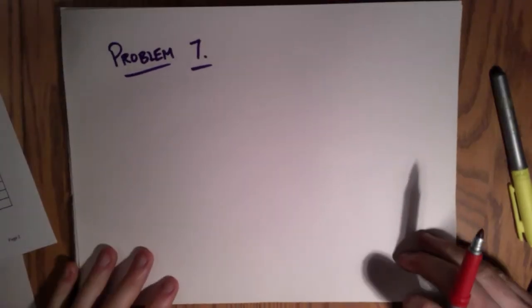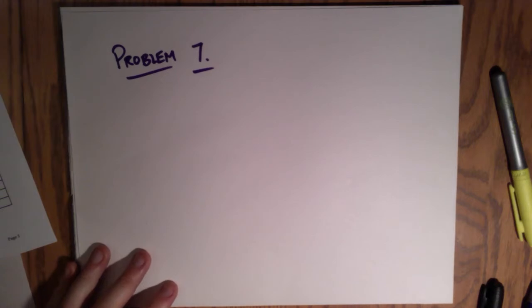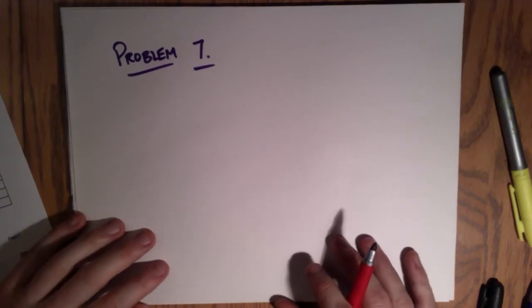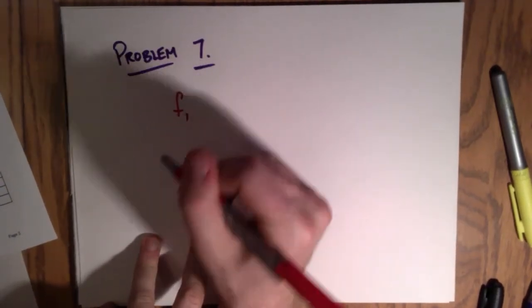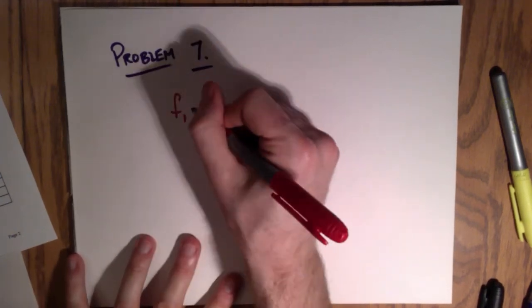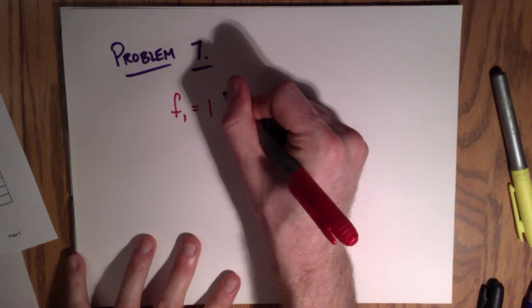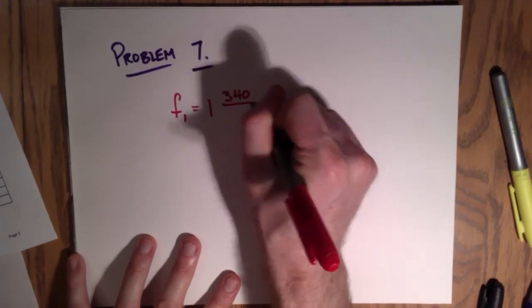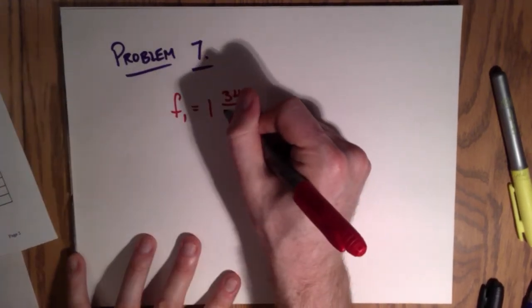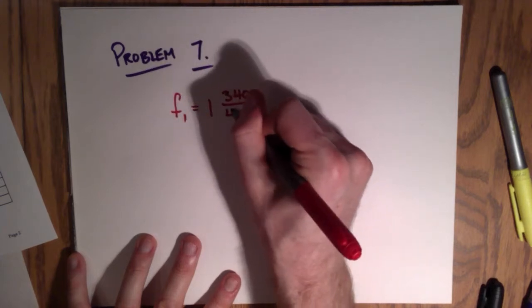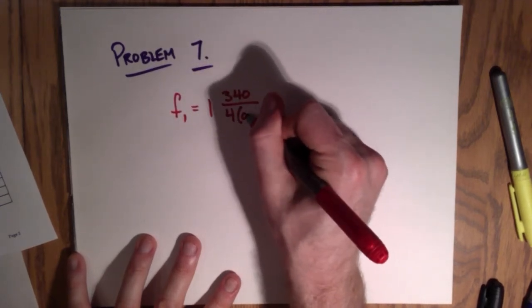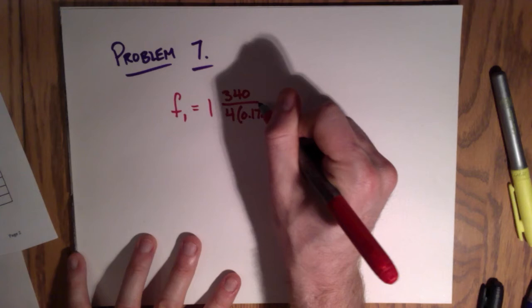For problem 7, you're given a lot of information, but at the core of it, they just want to know what the fundamental frequency is, the first harmonic. Well, we know that F1 is going to be n is 1. We know we're going to have our velocity, which is given to us as 340. We're going to divide that by, we're told it's an open closed, so that's going to be 4 times our length, which we're told is 17.2 centimeters.